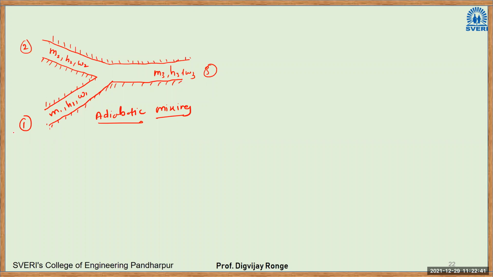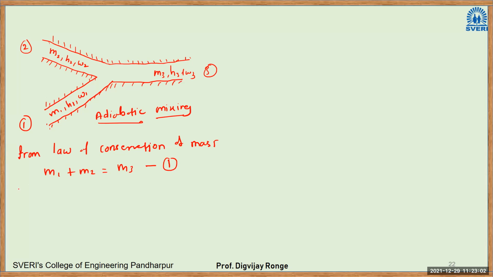Now I will take help of some universal laws. From law of conservation of mass, I can write M1 plus M2 will be equal to M3. So the whole mass is being conserved.